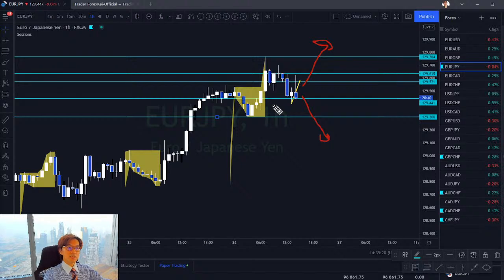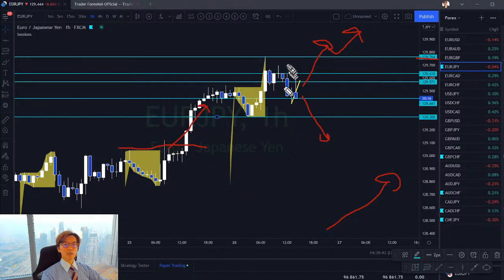And today, since the 1 hour is bullish, if we see the market breaks the resistance level of the Tokyo session, then the market could go up continuously in this direction. Yesterday, Euro JPY Tokyo box breakout worked perfectly, and the market went all the way upwards.